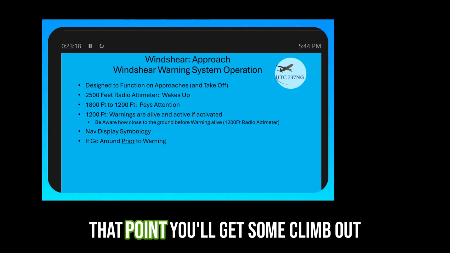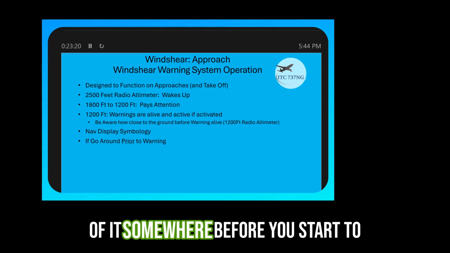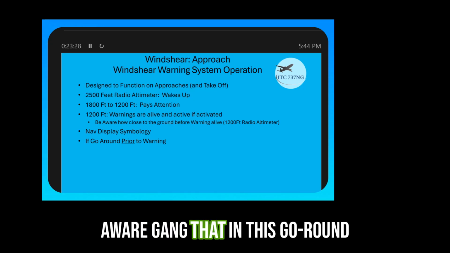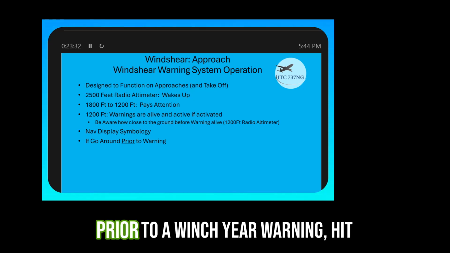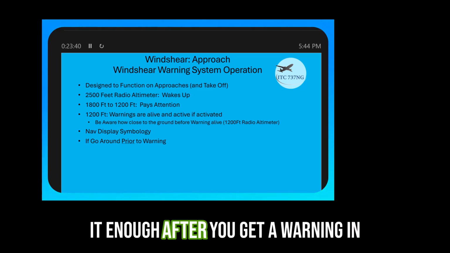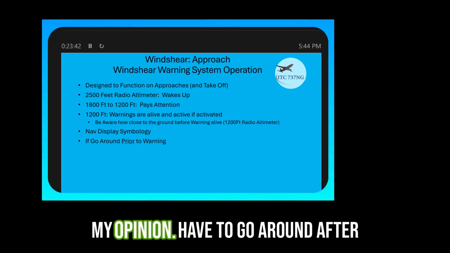And hopefully at that point you'll get some climb out of it somewhere before you start to get to a real stall. So be aware, gang, that in this go around prior to a Windshear warning, hit that TOGA switch again. You can't hit it enough after you get a warning, in my opinion.